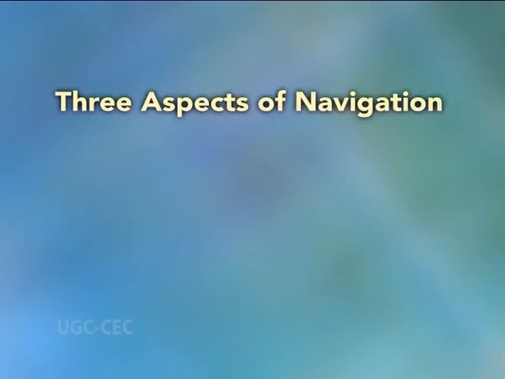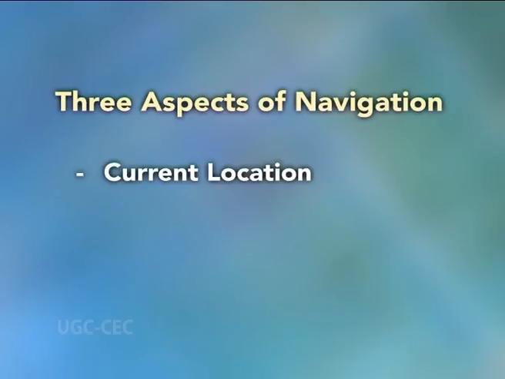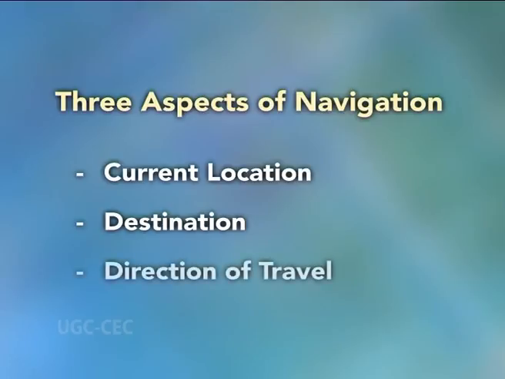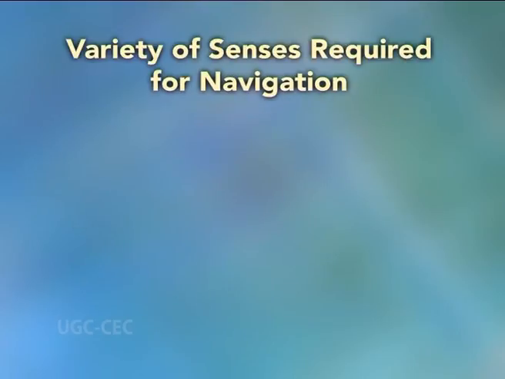Navigation requires knowing three aspects: current location, where the bird is located on the earth's surface; destination, where the bird has to reach after the migratory flight; and the direction of travel to get from the current location to the destination. Navigation is based on a variety of senses.